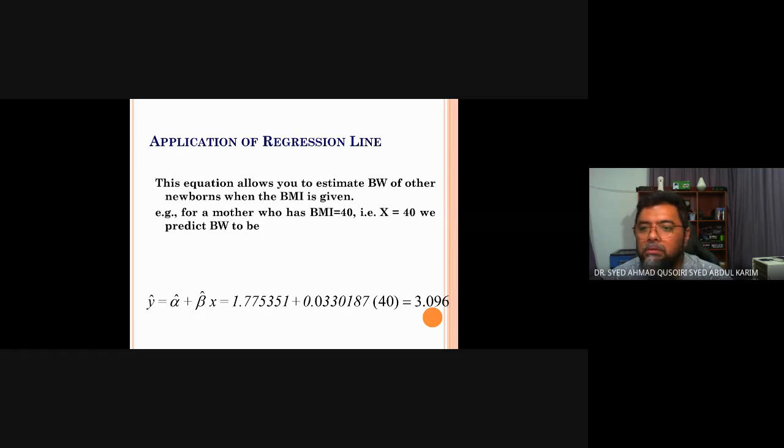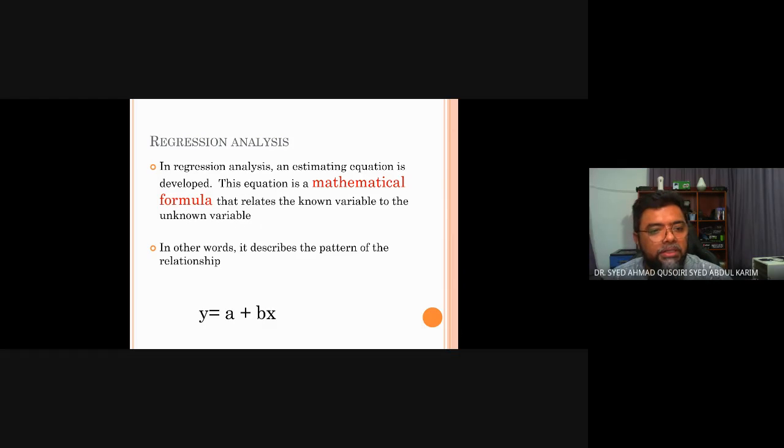All right, and then regression analysis. Experimenting equation is developed. We can equate a mathematical formula. So all those trouble of drawing the best fit of line and preparing the graph and whatnot is for us to prepare an equation of the related two variables.